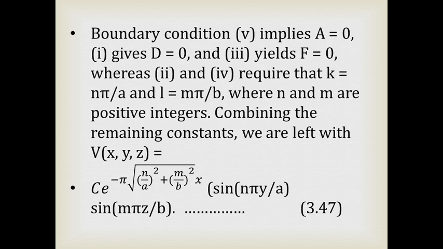Conditions 2 and 4, that is y equal to a and z equal to b, require that k is equal to n pi upon a and L is equal to m pi upon b, as we obtained in the previous case, where n and m must be positive integers starting from 1, 2, 3, etc.